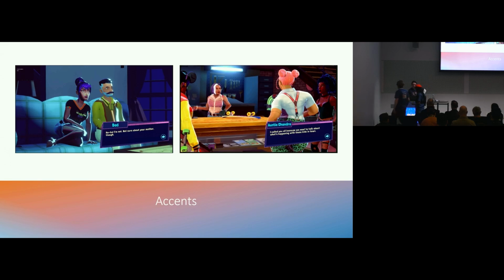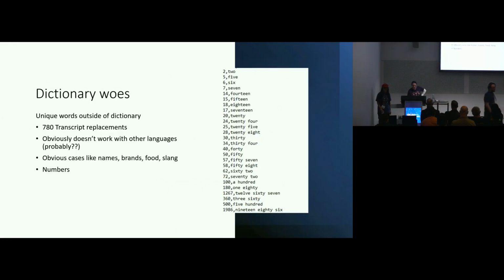Probably the more interesting issue was the sheer number of out-of-dictionary words we had to contend with. So to explain briefly, Gentle has a library of known words it uses to know what phonemes to look for. It's also worth noting that because of this, Gentle only works for English.